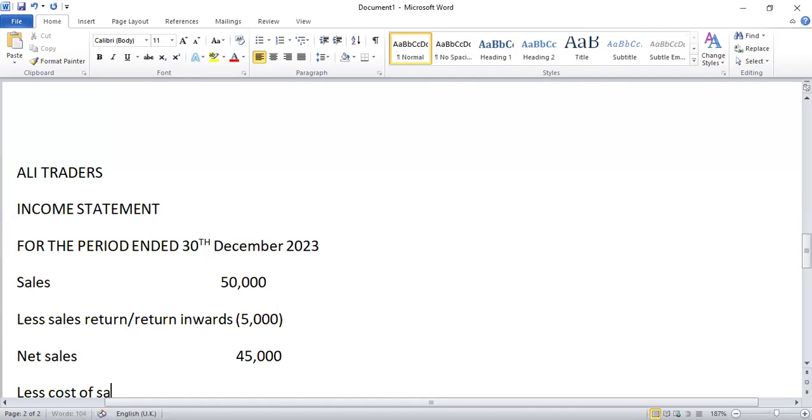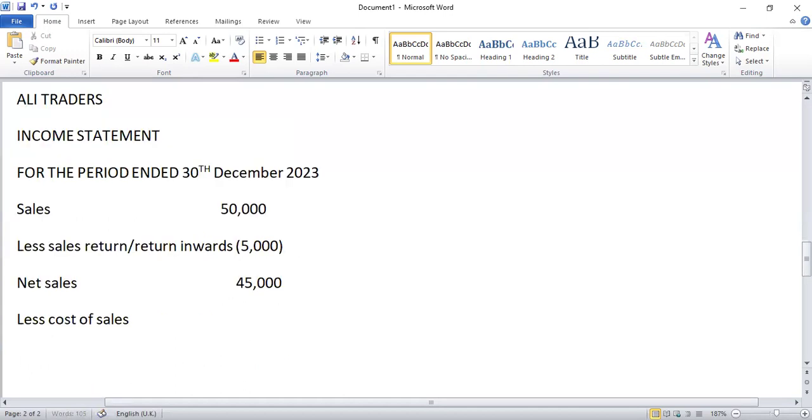Now, from this net sale, we are going to less the cost of sales. We're going to start with the opening stock. Let's say opening stock is 5,000. Then to the opening stock, we are going to add purchase.